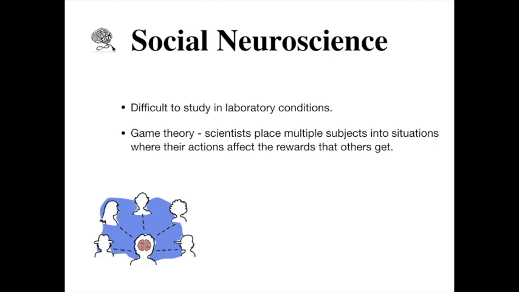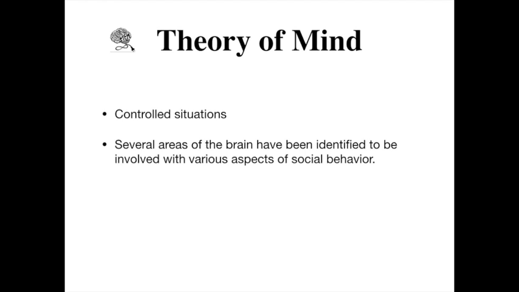The ability to reason about the mental states of others is called theory of mind, and several regions of the brain are associated with theory of mind, and there are several disorders, for example, autism, Williams syndrome, that affect the ability of people to do social reasoning.